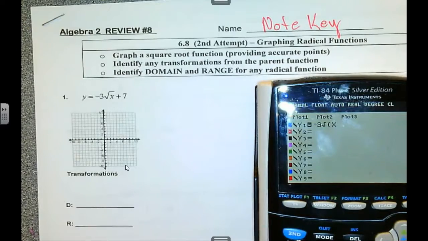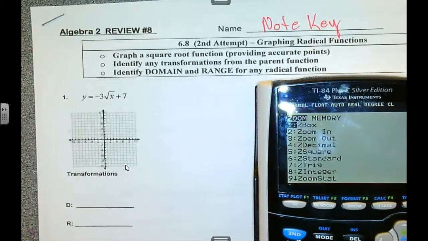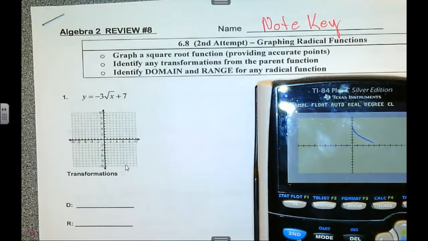And then now that plus 7 is out of the square roots, so I'm going to close a parenthesis and then put the plus 7 because it makes it go up or down. Then I'm going to graph it. Oh, and it looks like my window's a little off, so I'm going to go to zoom, standard to the default, and there's my square root graph, right? Then I'm going to pick off some good points.